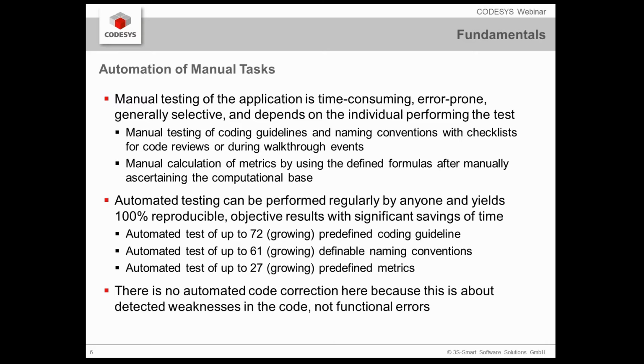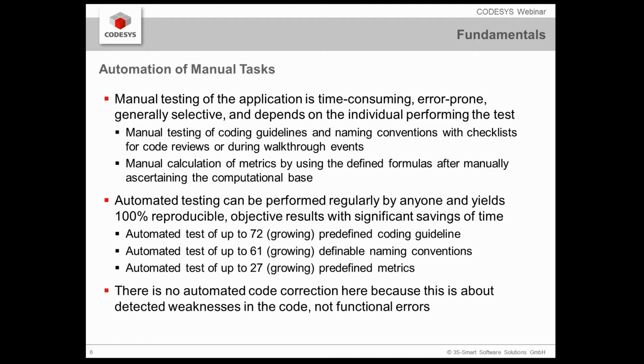The other item is that you can do all the static analysis tasks as manual tasks. The manual tasks are then more or less time consuming. They are selective. They depend on the person who is doing the walkthrough or the code review.